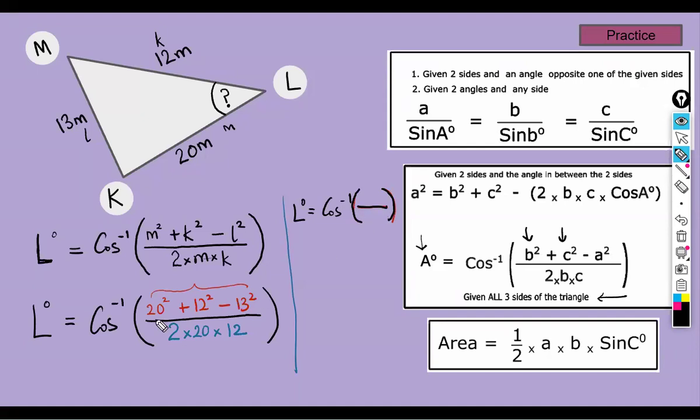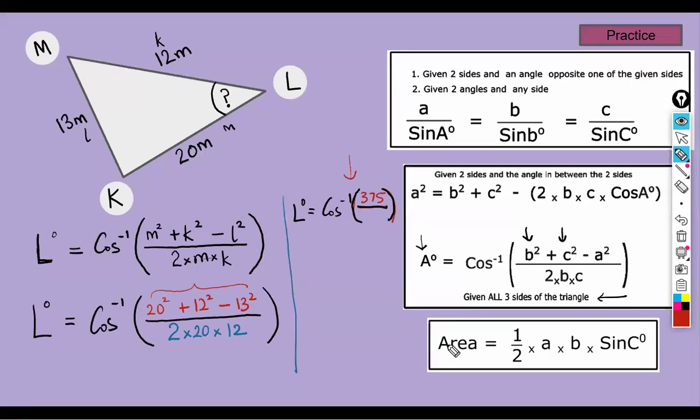I only care about the top part. 20 squared plus 12 squared minus 13 squared. I'm getting 375. Write it down, look here. For the top, when I work it out, I get 375.